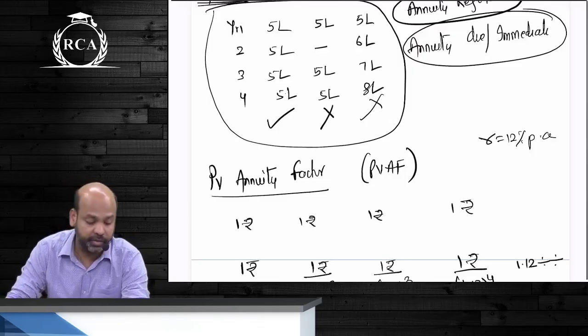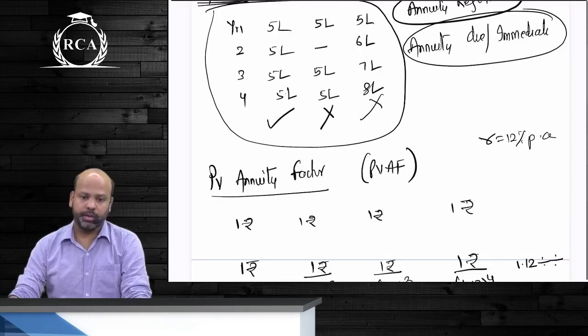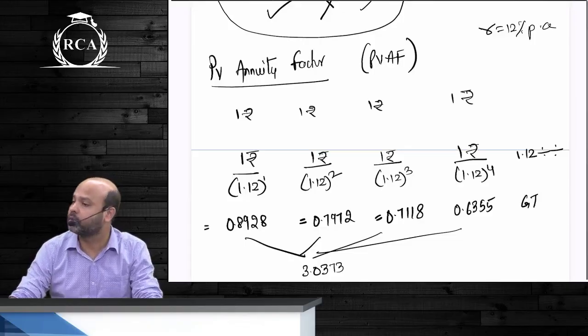Next heading, guys. Present value annuity factor. Is this present value annuity factor in respect of an annuity regular or annuity immediate?